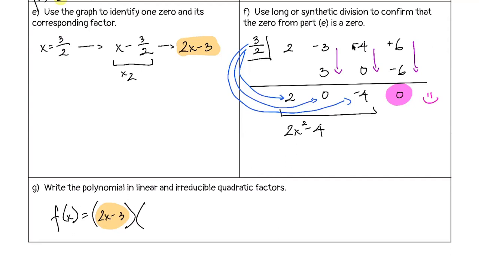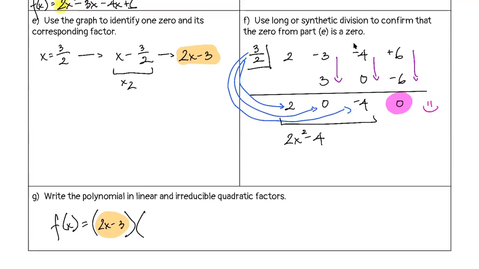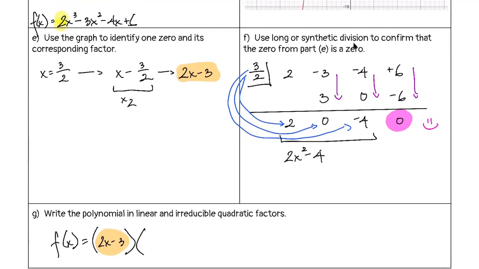But if you watched the 3.5 video, I made a point about how if we have a coefficient here, that's like a 2, then we actually need to divide this by that coefficient so we don't end up with a weird leading coefficient.